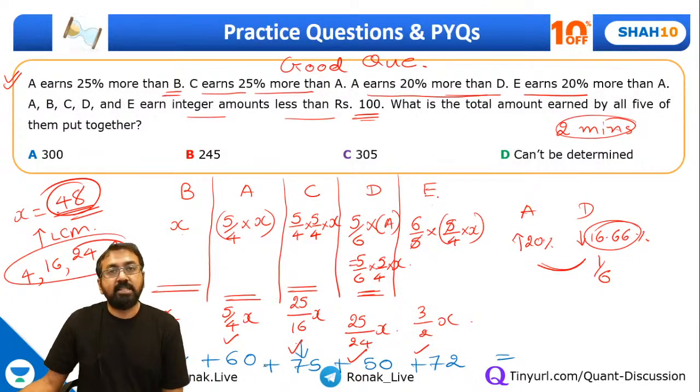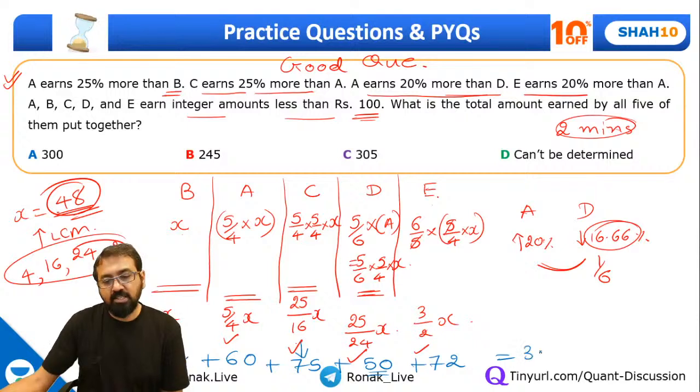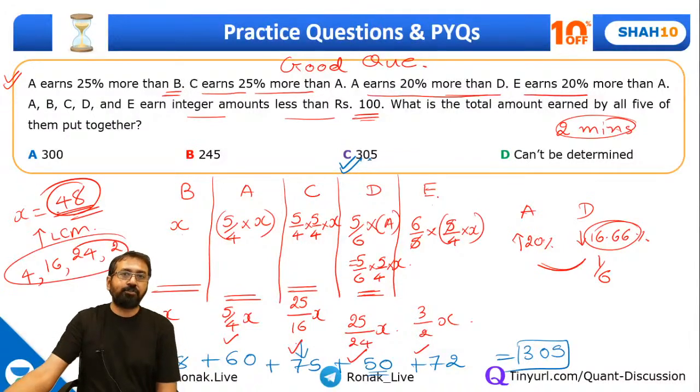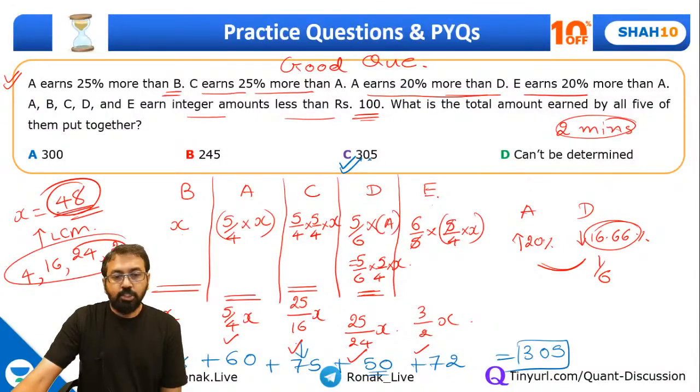So 48 plus 60, 108, plus 75, 183. Then 183 plus 50, 233, plus 72, 305 rupees. Correct? So of course the total earning should be 305 rupees. Did you get this question, everyone?